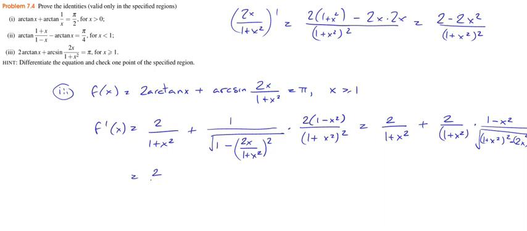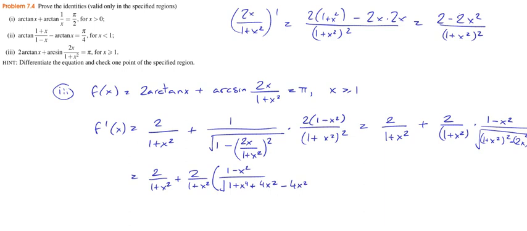Okay, so let's keep doing this. So I have 2 over 1 plus x squared plus 2 over 1 plus x squared that multiplies 1 minus x squared divided by the square root of, and then we have 1 plus x to the fourth plus 2x squared minus 4x squared, right?